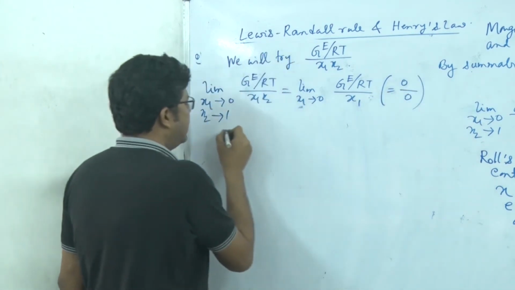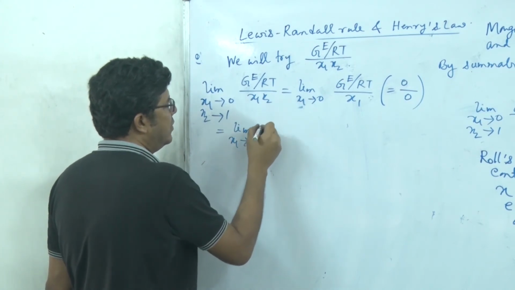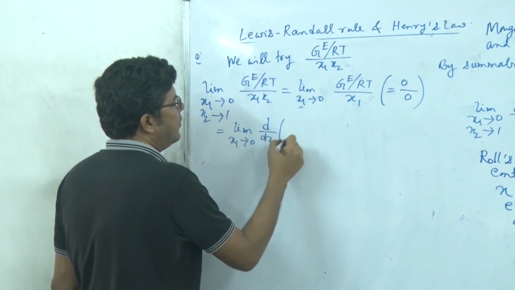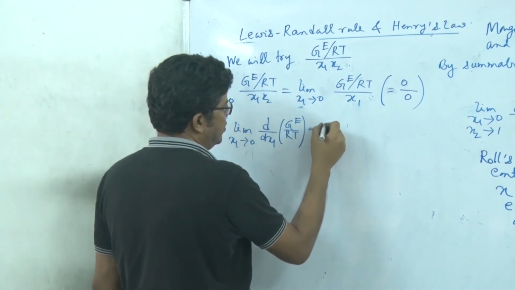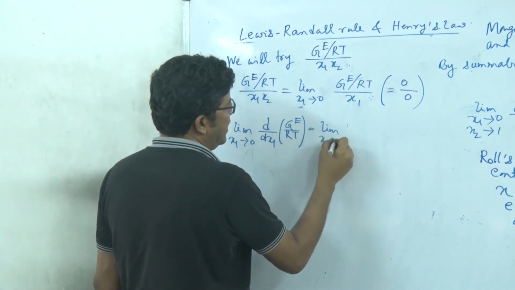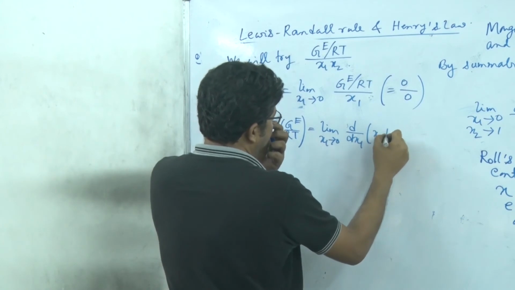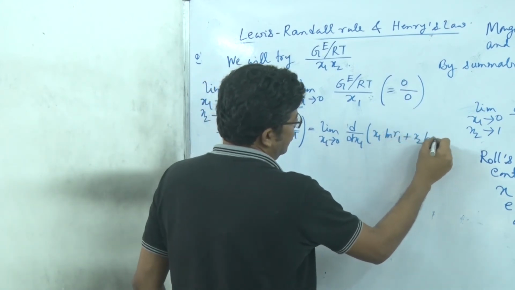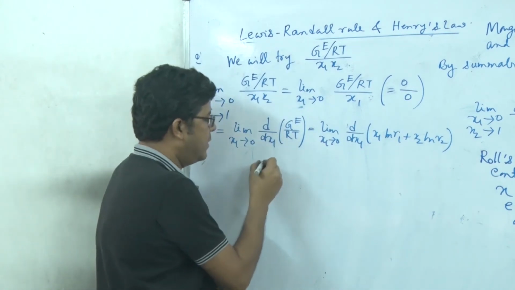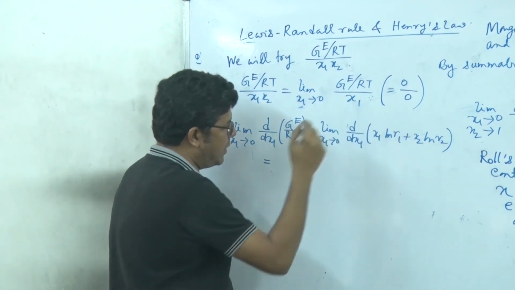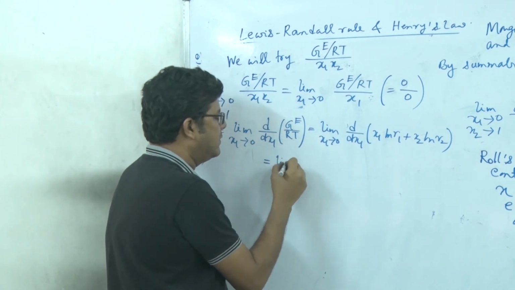So further we can write that this is limit x1 tending to 0 of d/dx1 of G by RT, and that's equal to limit x1 tending to 0 of d/dx1 of x1 ln gamma 1 plus x2 ln gamma 2. From summability we can actually write that. So instead of going for the direct derivative, you can go for the differential of this expression divided by dx1. It's all the same basically.